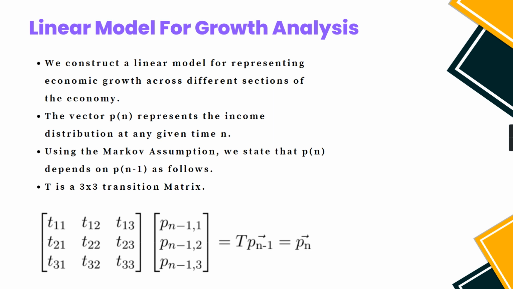Similarly, the transition matrix is a Markov matrix which will be used to determine the transition of the economic distribution state vector from one time to another. So the equation obtained is T * P(n-1) = P(n).